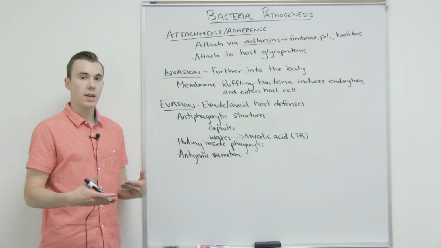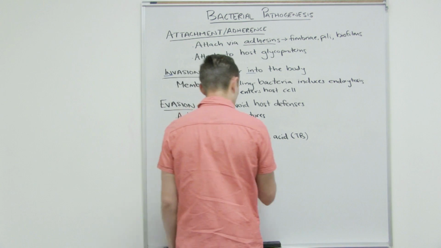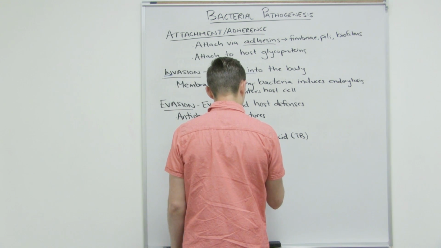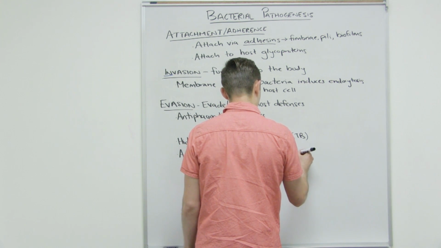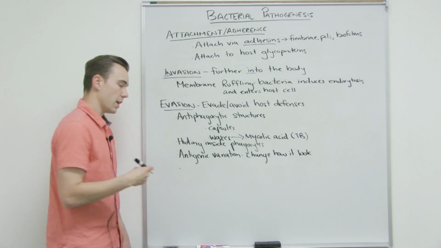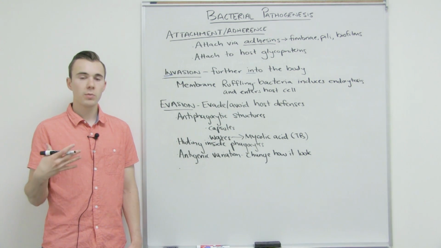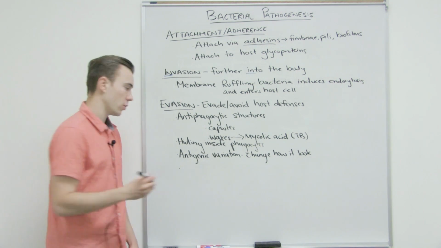If you change that, now new memory has to be created, so it's harder to destroy it. So some microbes can change how they look. And then there's one more that isn't something that's discussed often, but I want to make mention, and that's mimicking host molecules.